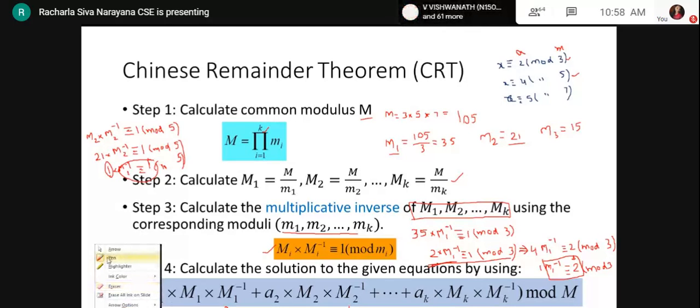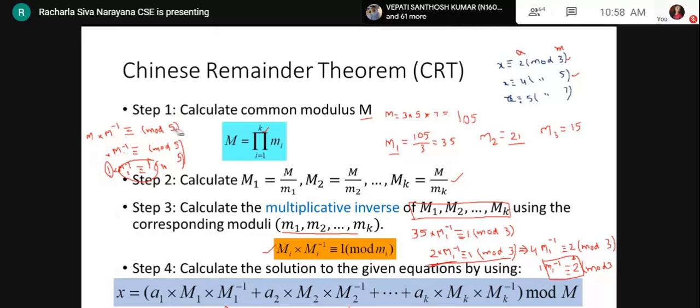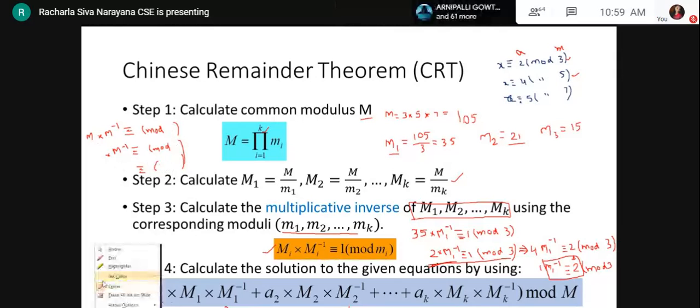In the same way, m3. M3 into m3 inverse congruent 1 mod small m3, whose value is 7.